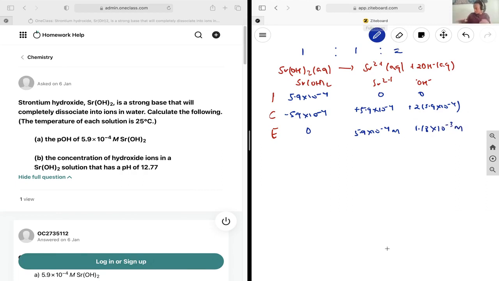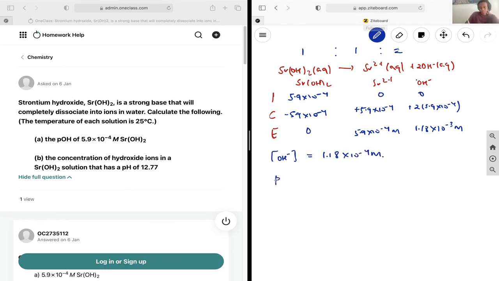And then let me just ensure that that is correct. Okay, so we know that the concentration of hydroxide ions at equilibrium is going to be 1.18 by 10 to the negative 3 molar.